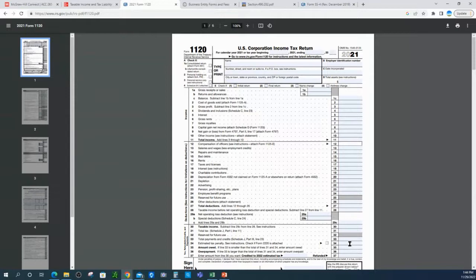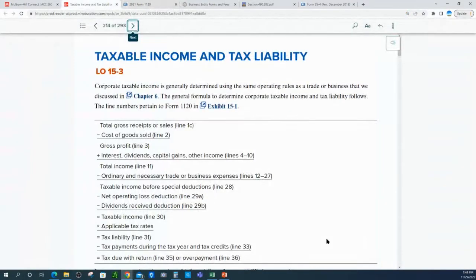But owners of corporations can be employees of that corporation. So they would get a W-2 just like any other employee. Okay, so that's another difference between corporations and partnerships. So we subtract out our ordinary and necessary expenses, and then we get taxable income before special deductions.